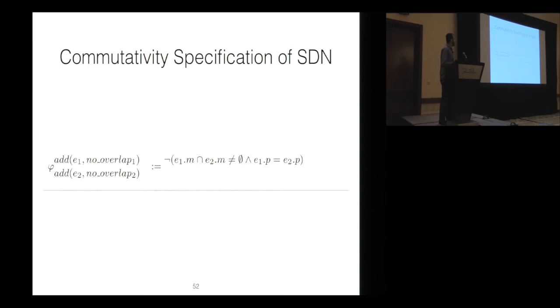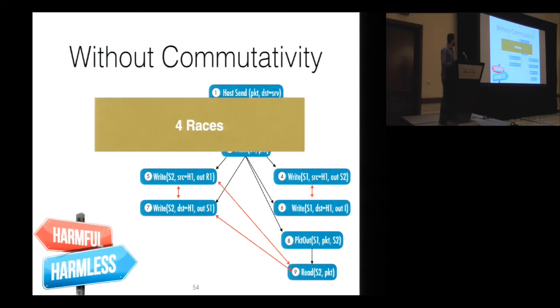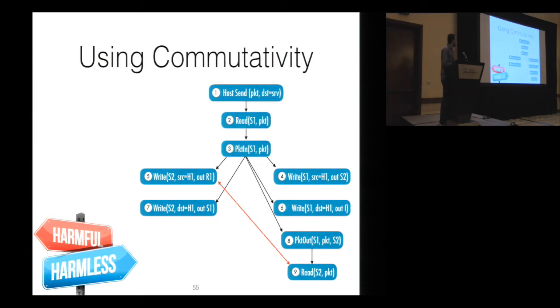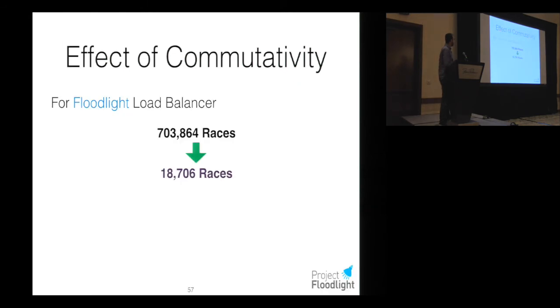Here we have an example whether to add operation priority to check if they're commuting or not. All the events that are not ordered, such that one the same flow table. But when we apply the commutativity rule, we go down to only one race. That's a huge reduction for just a toy example.